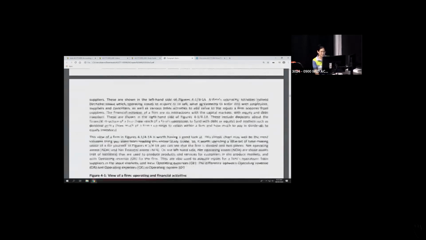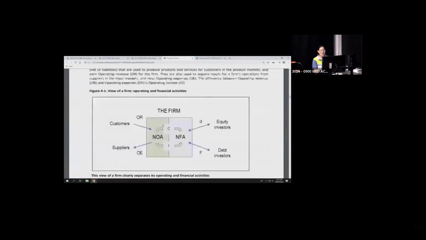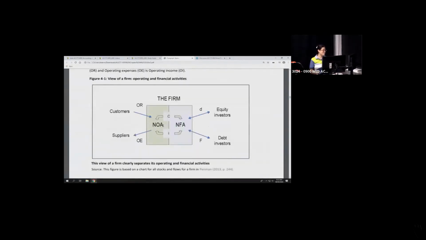You might have to read it like 10 times like I did and start highlighting and trying to make sense of it in your own mind before you can start. You need to be able to understand what is O, what is to do with my company's operations, which might be different to your friend's firm. Something that might be classified as O for your firm might actually be F for your friend's firm.